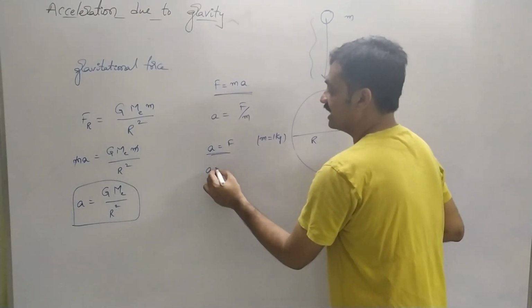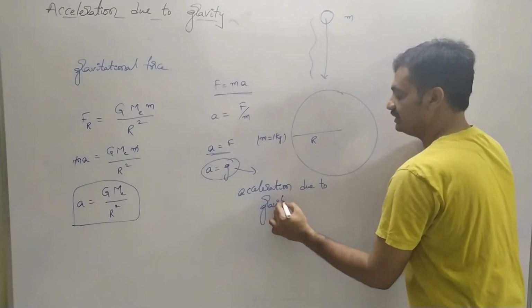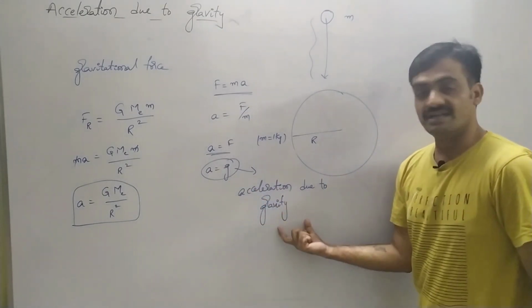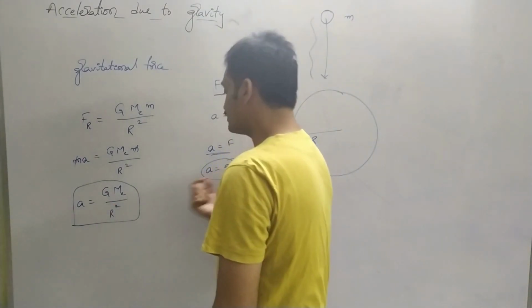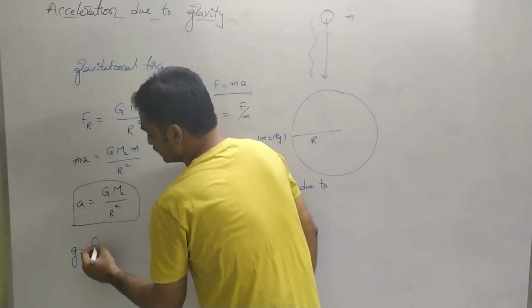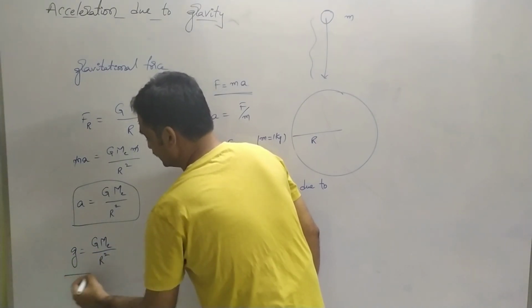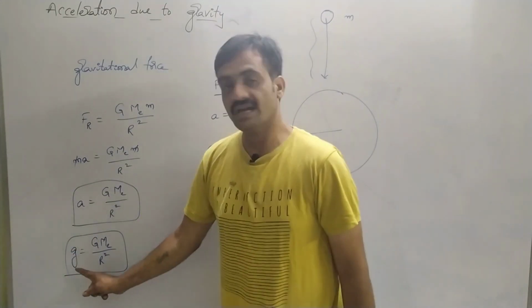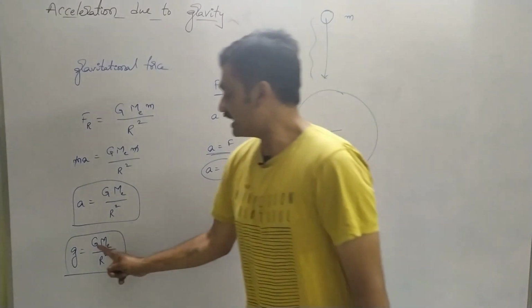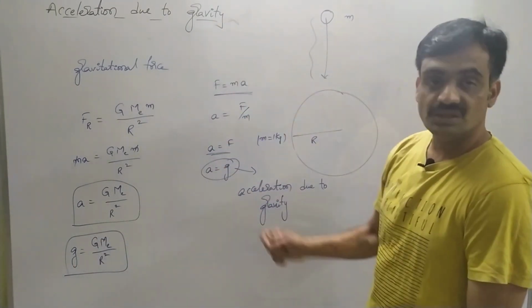A is represented as small g, where small g is nothing but acceleration due to gravity. Replace this a with g, then we can represent small g is equal to G capital M suffix E by r square. This shows the relation between acceleration due to gravity and the universal gravitational constant, where capital G is the gravitational constant and small g is acceleration due to gravity.